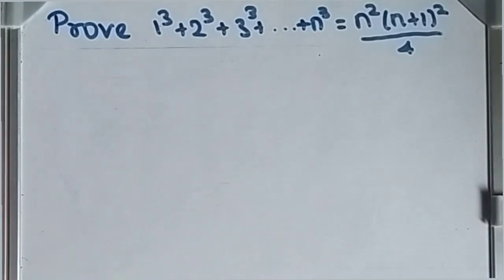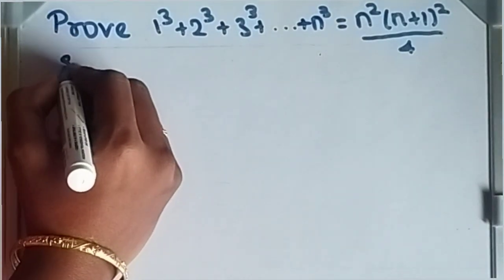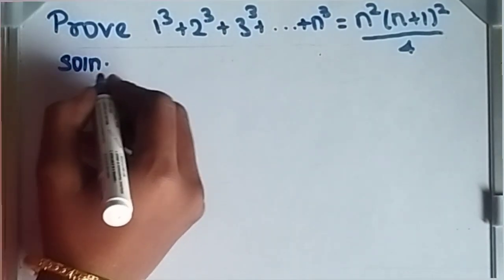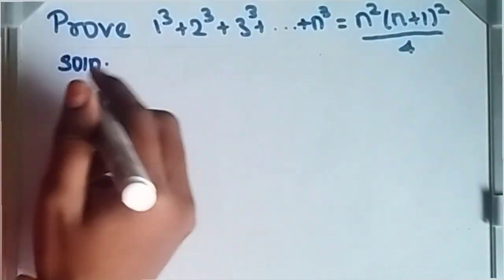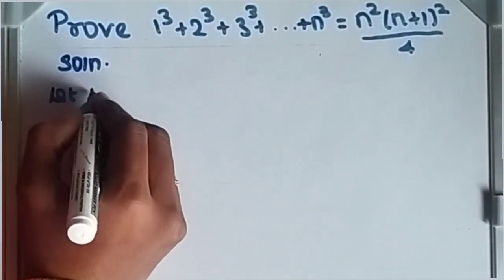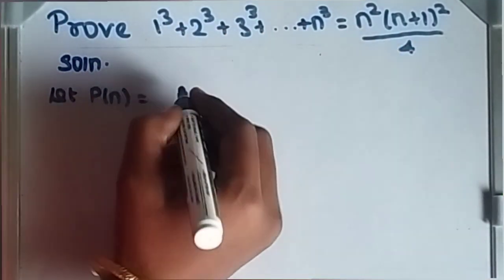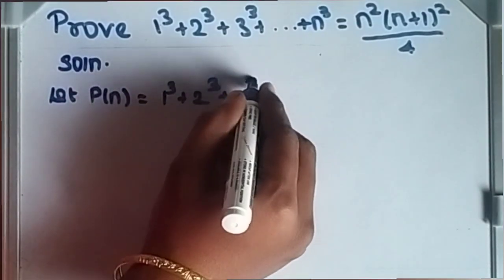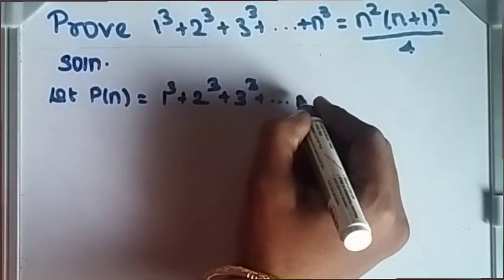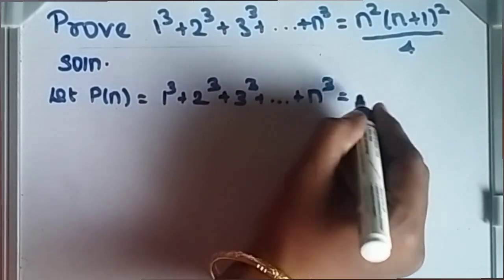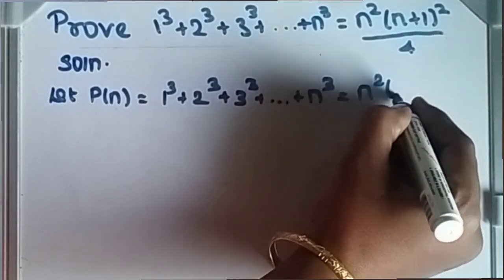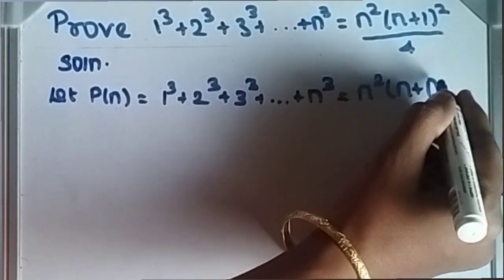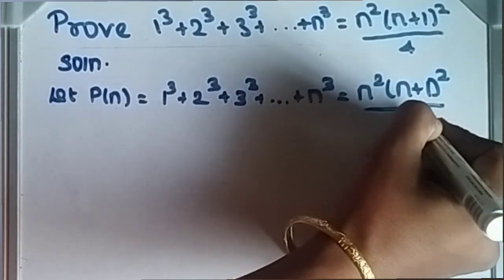So to solve this we have to go through 3 different steps. So what is the first step? I am going to take the entire thing as p of n. Let p of n equal 1 cube plus 2 cube plus 3 cube and so on up to n cube, which is equal to n squared multiplied by (n plus 1) the whole square divided by 4.